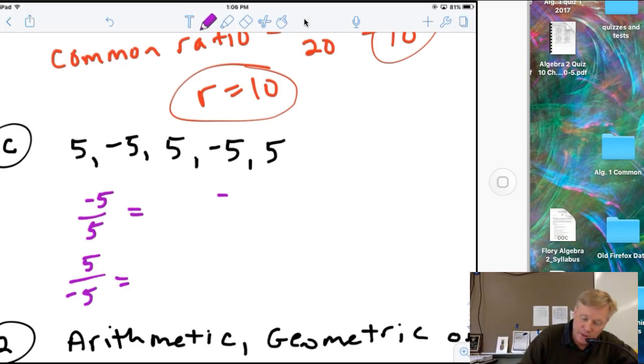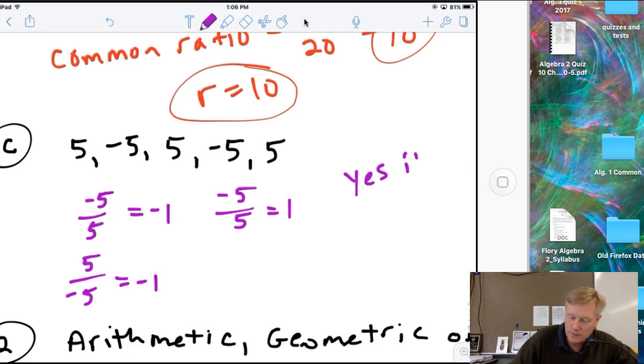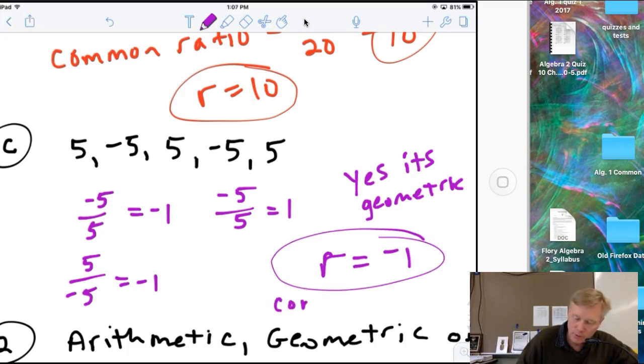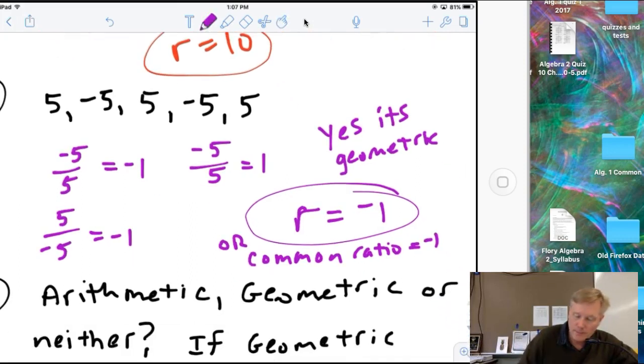They all should be the same thing if it's geometric. In this case, I'm getting negative 1 every time, which means, yes, it's geometric. And the common ratio is negative 1. Either way will get you the answer.